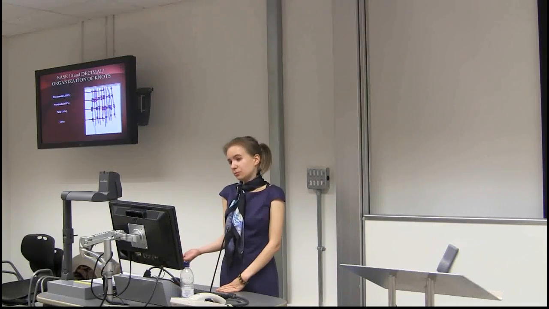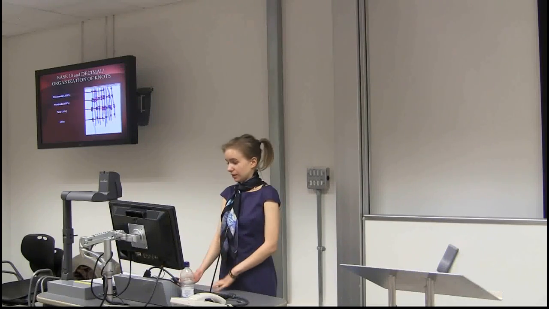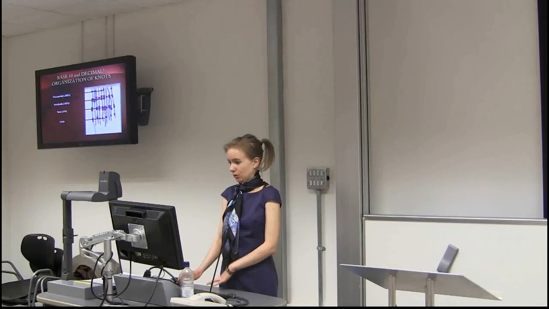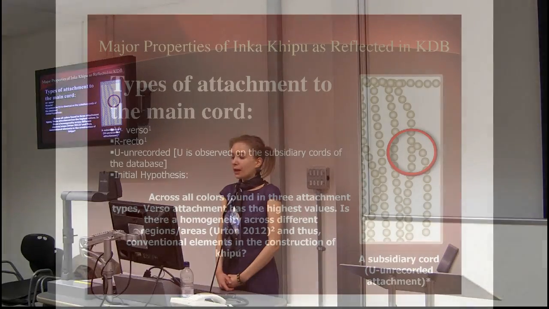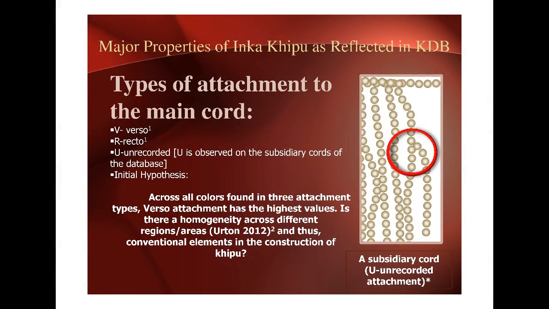But a lot of Khipus, as we say, were actually narrative, so then it gets more complicated than just the simple scheme. There are so-called subcords, little cords that are attached to other cords, and in the Khipu database they are coded as U. So in my future example, when you see U, it means that little subcord attached to the other cord.